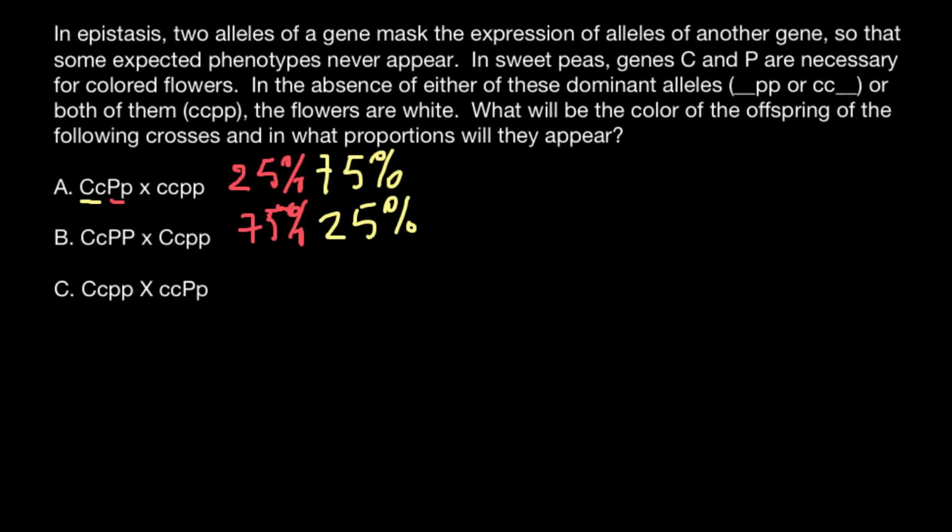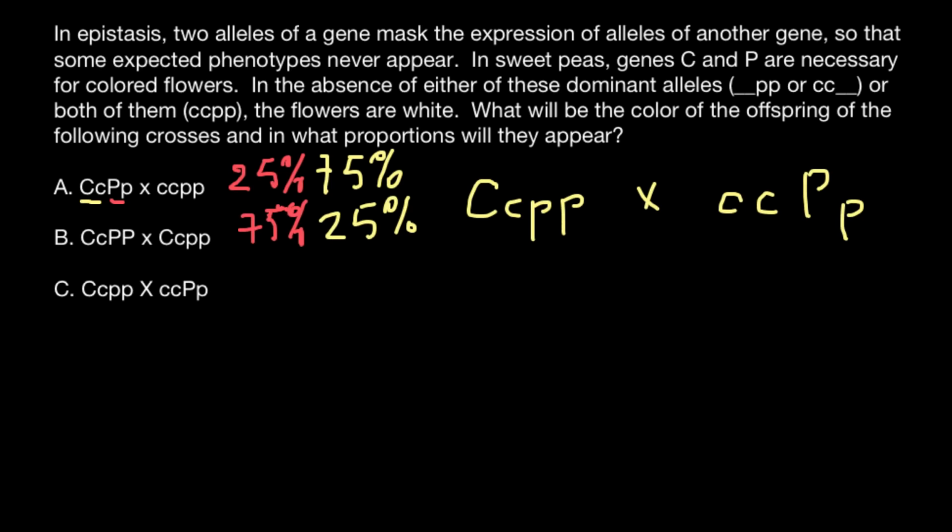And the last example, now I think you would be able to solve this problem on your own. You may try to do it. And here is my explanation. So we would use the same technique. So here we would have one parent that is going to be capital C, and small p, and we have to cross with another parent that is going to be small c, and capital P, small p.